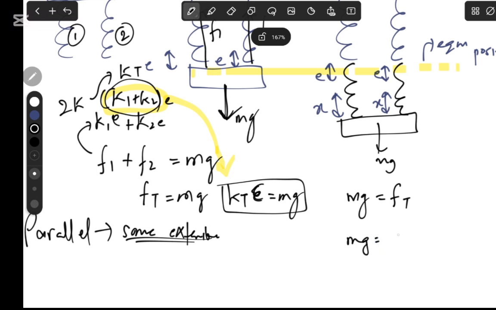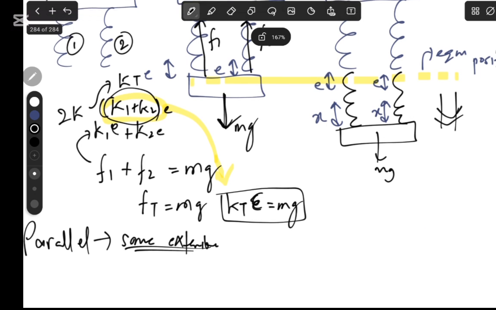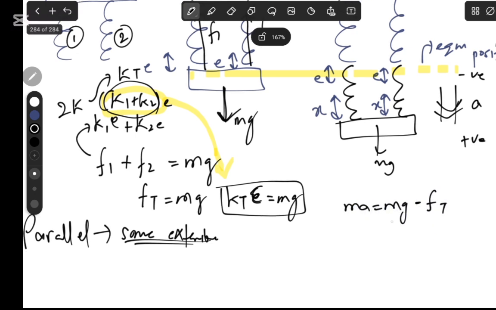In the second case, we are accelerating downwards, so we cannot say mg is equal to F total. I'm going to take down as positive and up as negative. So I'm going to say ma is equal to mg minus F total, and F total is K total times the extension E plus X, so ma is equal to mg minus K total (E plus X).